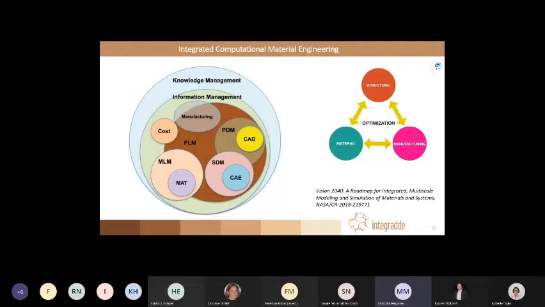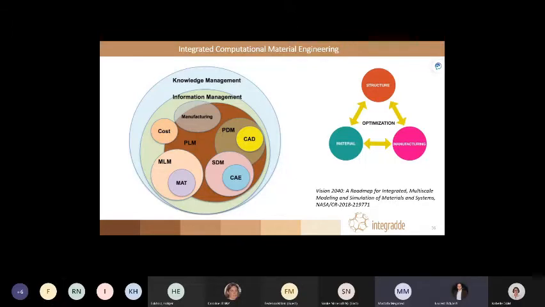Large enterprises try to combine this information with the product lifetime management, the brown circle, and that will bring in the manufacturing and the corresponding cost. Then we have the overlays of information management and knowledge management. Now, this system works well as long as you can separate the material, the manufacturing process, and the final performance, as in the case of stamping, for example.